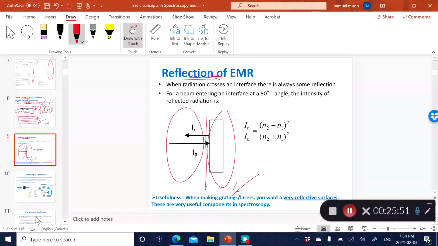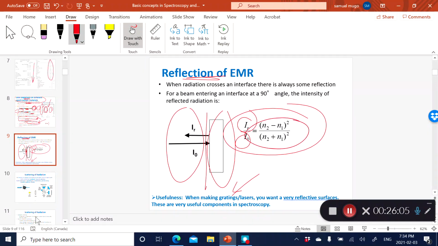So again, reflection is a very important property for different components in spectroscopy. And all of us, I think, know of that relationship, the incident beam and the reflected beam. And again, it's totally dependent on the refractive index of the two surfaces that you are reflecting light to and from.